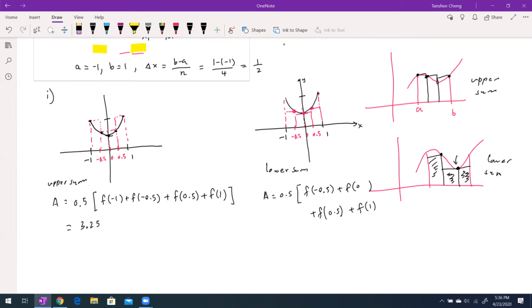Yes, I missed it. It's not 0.5, it's 0, 0, and then 0.5. See? Because this rectangle uses 0 to find the function value for the height. So when you evaluate this, that gives you 2.25. So clearly this area is underestimating, and the other area is overestimating. So that's basically the lower sum and the upper sum.